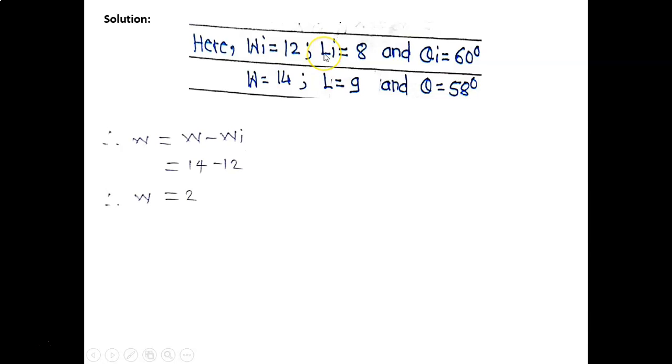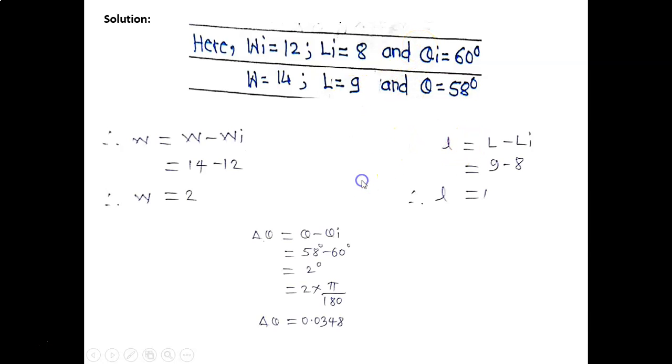Similarly, we will find out the change in L, that is small l. Small l is equal to L minus Li, which is equal to 9 minus 8. Therefore, small l is equal to 1. Similarly, we will find out the change in angle theta, that is delta theta is equal to theta minus theta i, which is equal to 58 degree minus 60 degree, which is equal to minus 2 degree. Convert this into radian, that is 2 into π/180. Therefore, delta theta is equal to 0.0348.